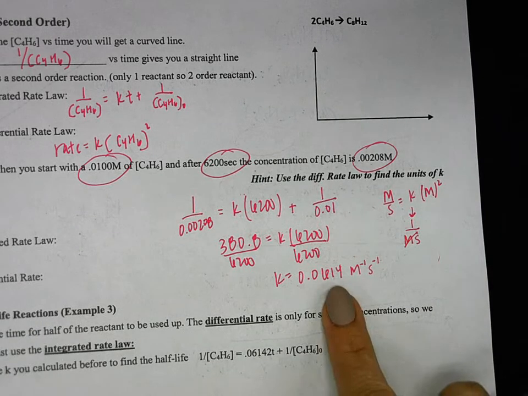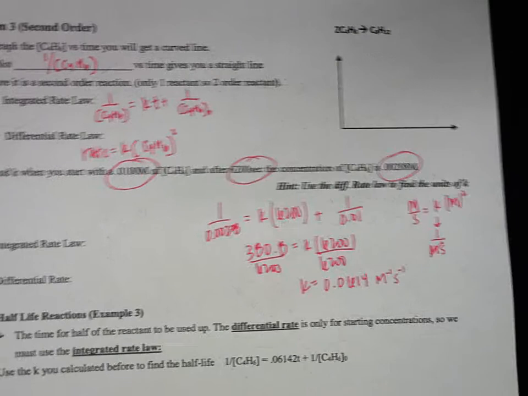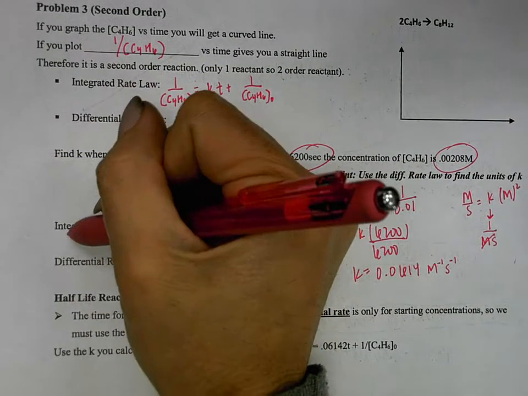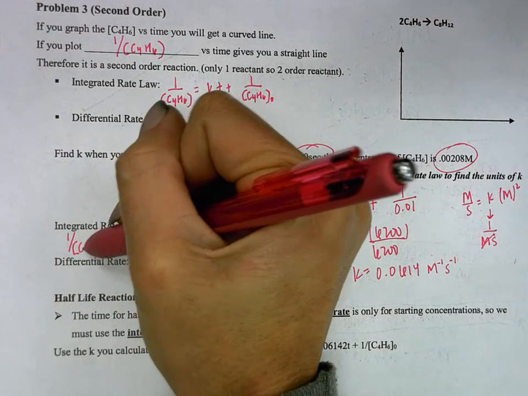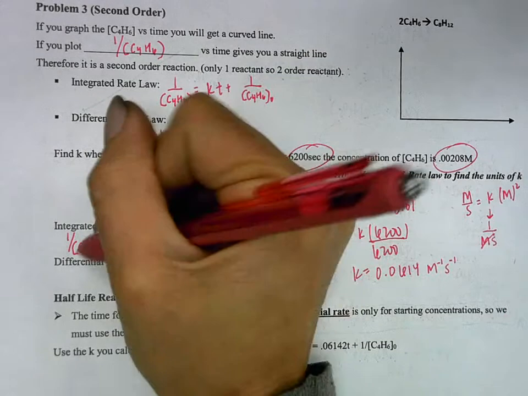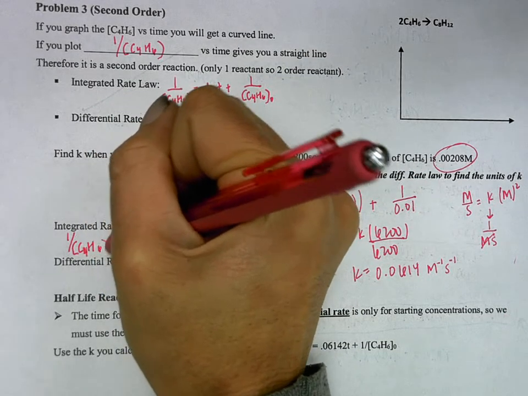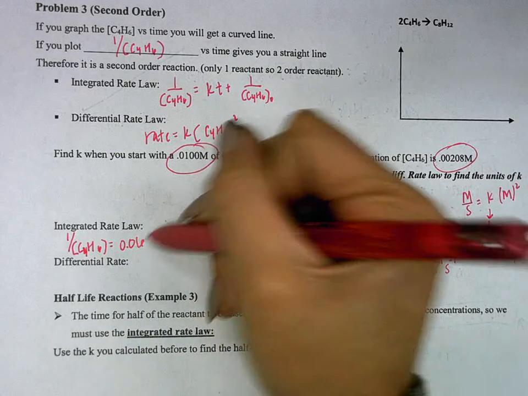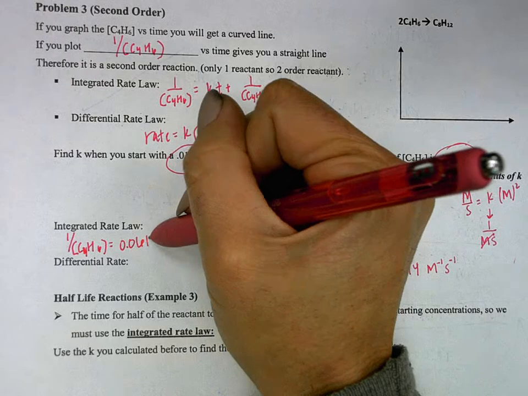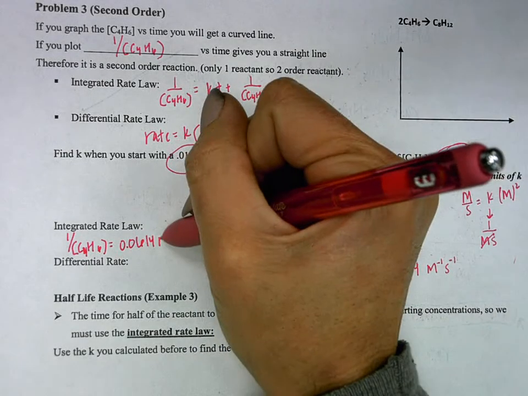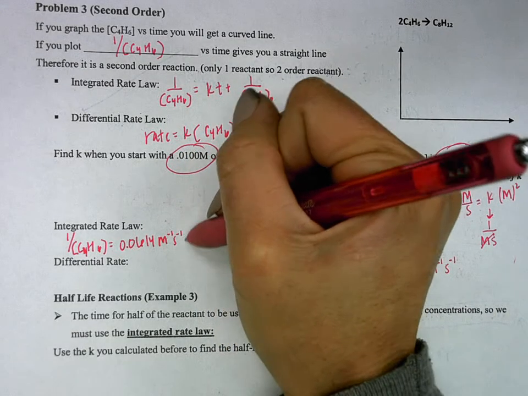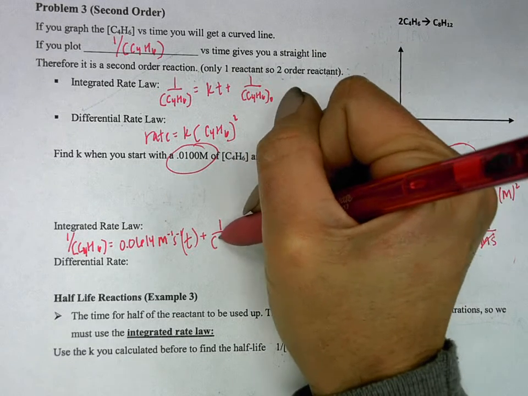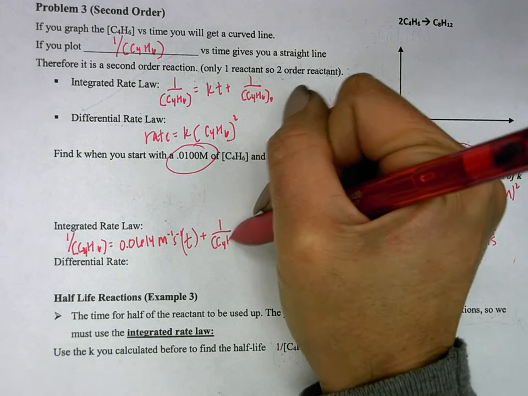So our integrated rate law is 1 over our concentration of C4H6 equals, it's positive, 0.0614 times our time plus 1 over the initial concentration of C4H6.